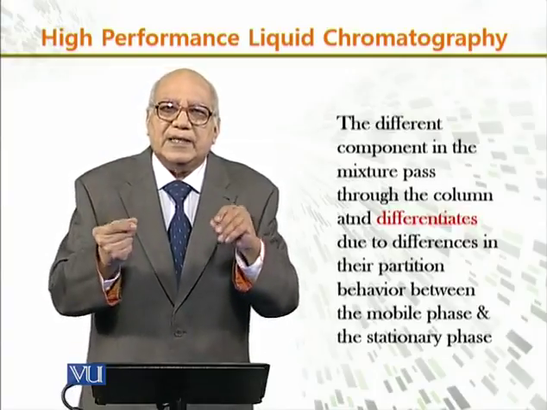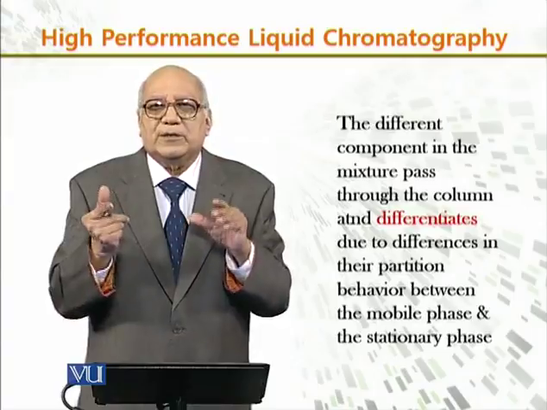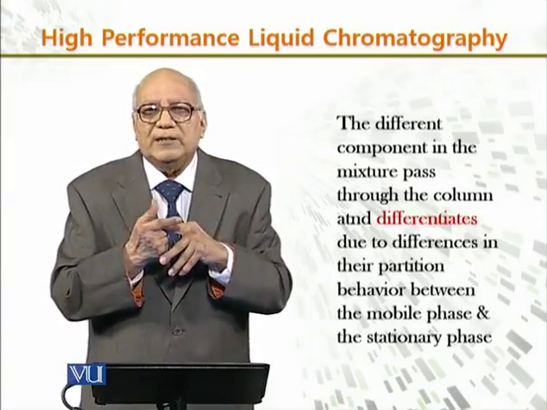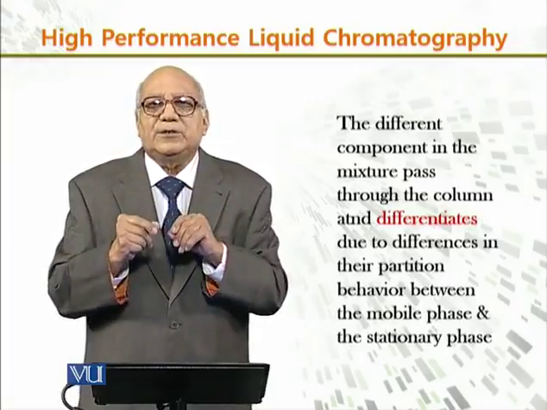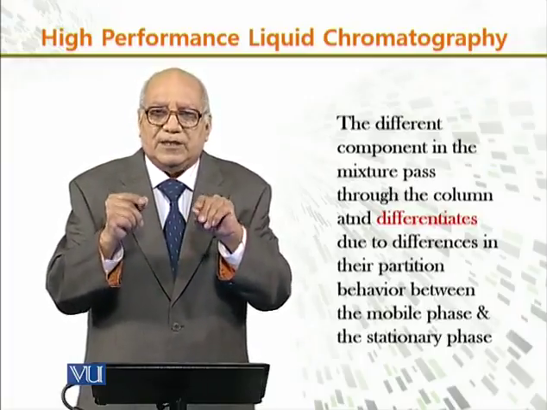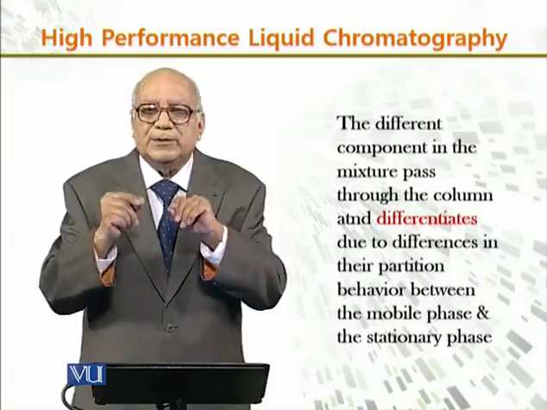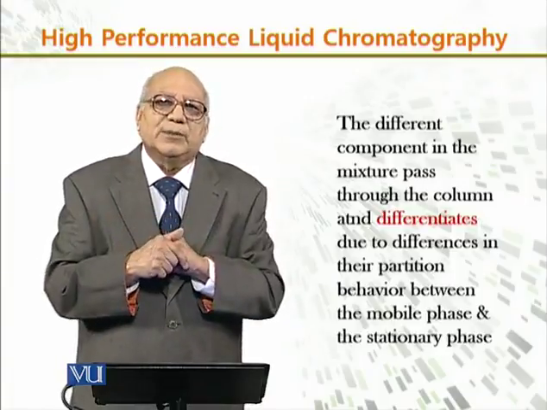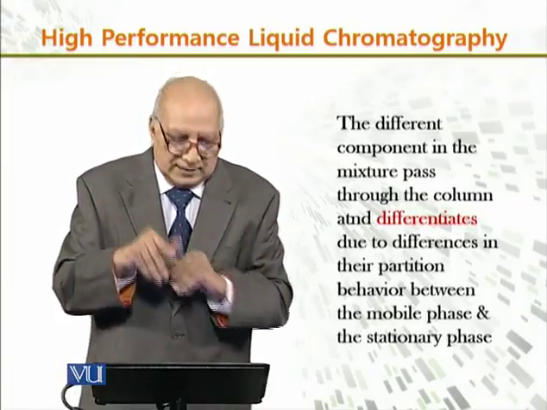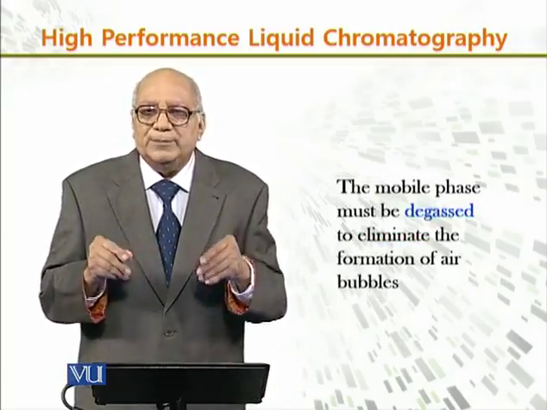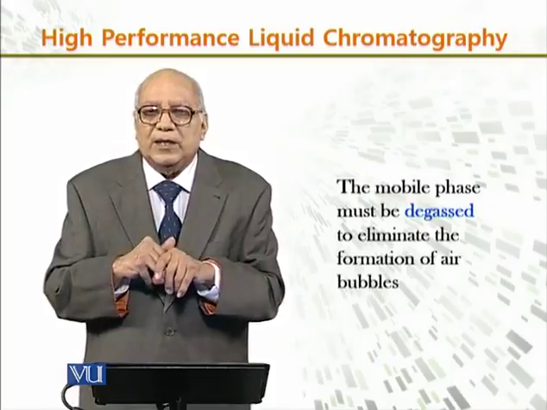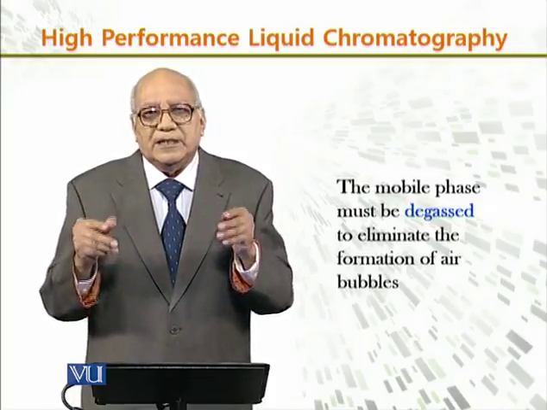Remember, in chromatography there is always a mobile phase and a stationary phase, and whatever the differences between the partition coefficients of the different molecules, that is how they separate. The mobile phase must be degassed to eliminate the formation of air bubbles.